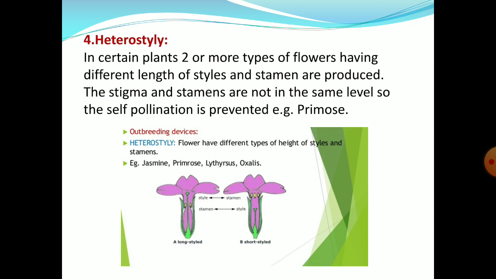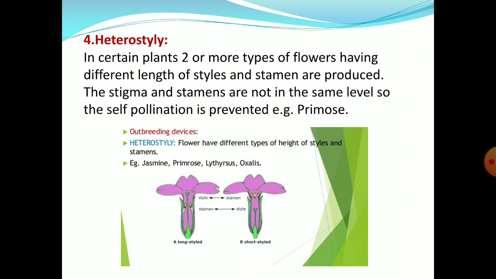Next outbreeding device is heterostyly. In this case, flowers have different heights of styles and stamens. The stigma and stamen are not at the same level, and due to this, self-pollination is prevented and cross-pollination is achieved.